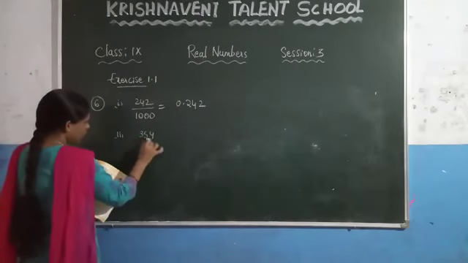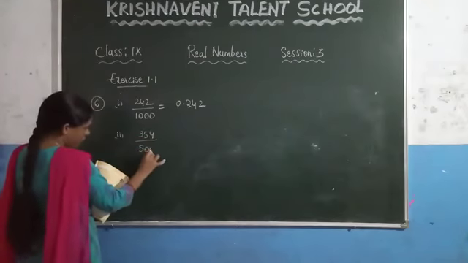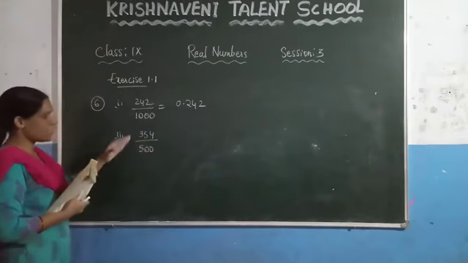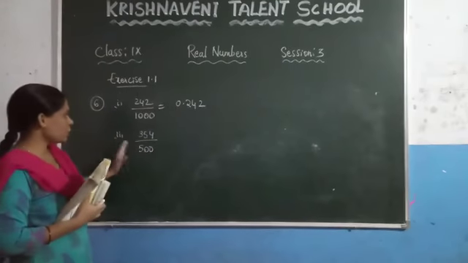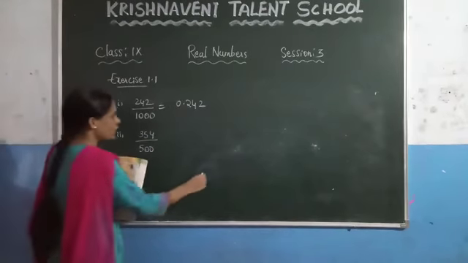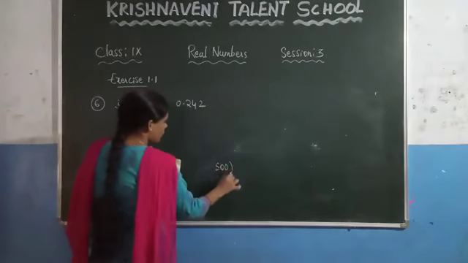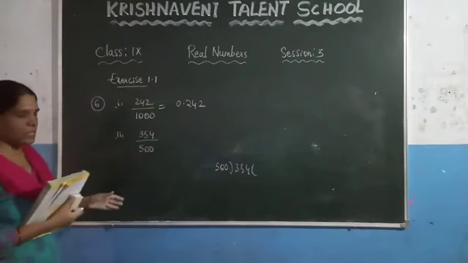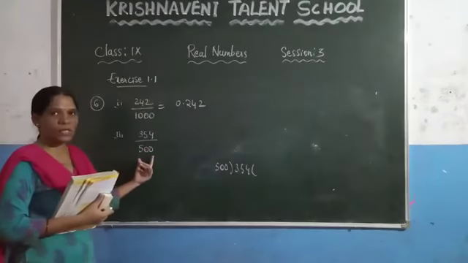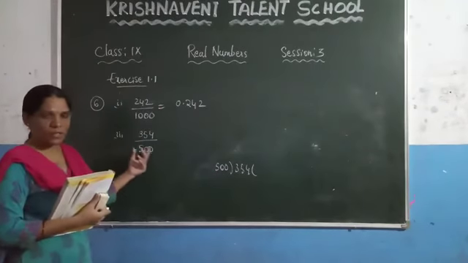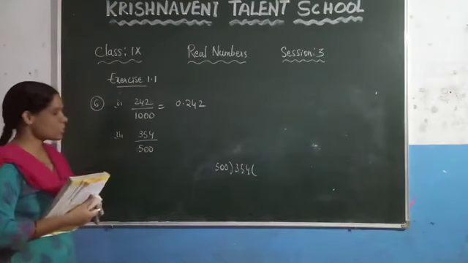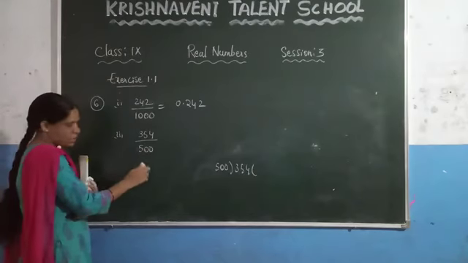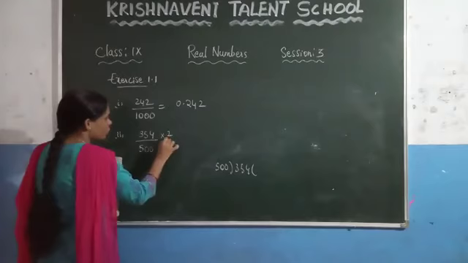354 by 500. You have to write this one in decimal form. So here you would need to divide 354 by 500. But since it is a long process, let us make the denominator a power of ten. To do that, multiply by 2 by 2.